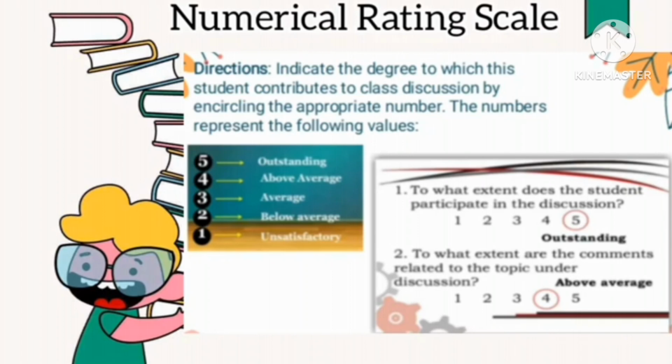If 5 is outstanding, you have to rate how the students participate in the discussion. To what extent are the comments related to the topic under discussion? If 3, average. If 4, above average. If 2, below average. Then 1 is unsatisfactory, which means you have to discuss it again. If the participation of the students in the discussion is outstanding, then that's good.